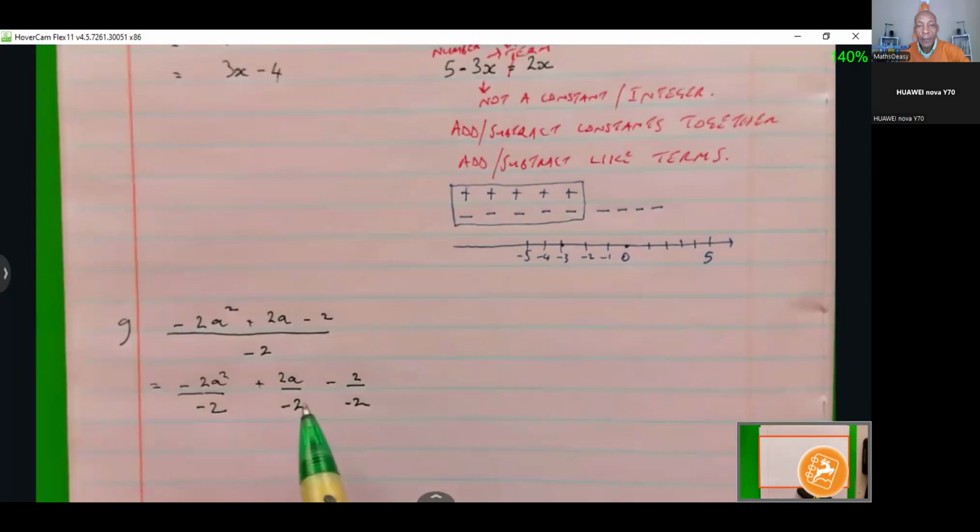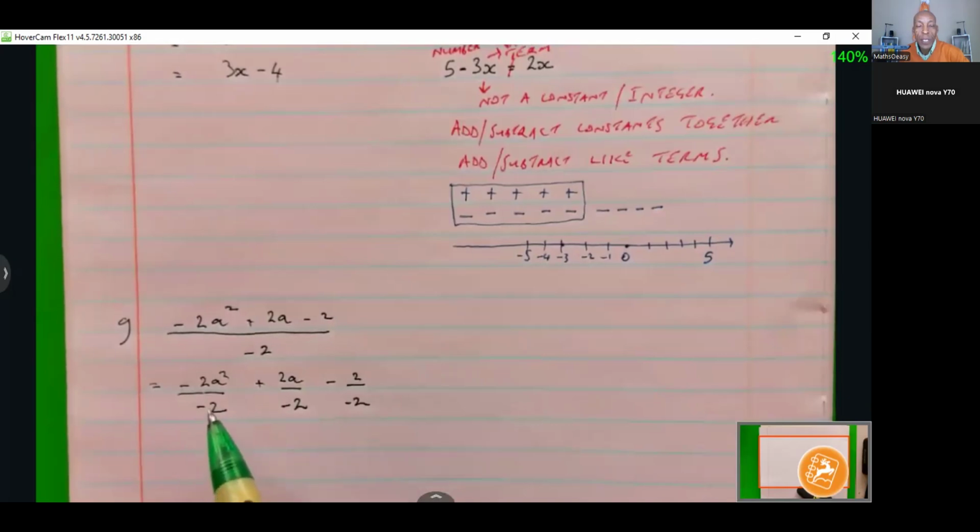Is there a variable there? No. There's no alphabet, isn't it? So the only things that I am going to calculate, which must change, will be the numbers. There's no variable here. So will I divide with a variable? No. So I'm only dividing with a number.